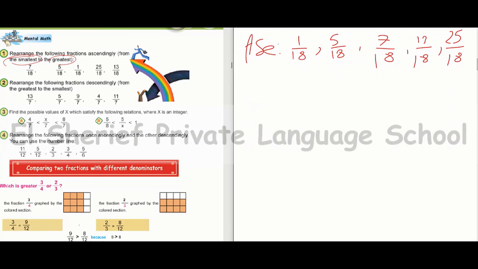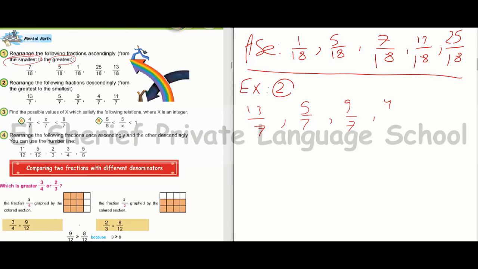Example number 2. Rearrange the following fractions descendingly from the greatest to the smallest. 13 over 7, 5 over 7, 9 over 7, 4 over 7 and 11 over 7. We notice that again we have the same denominator, so when we need to arrange descendingly, we take the greatest numerator.